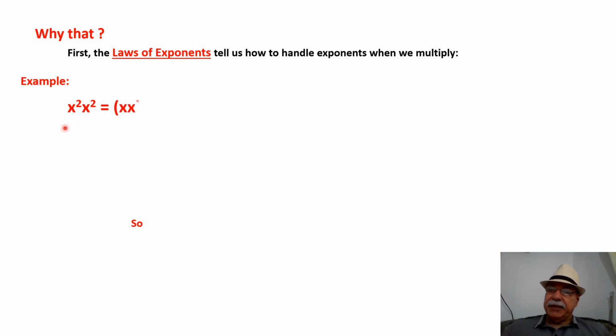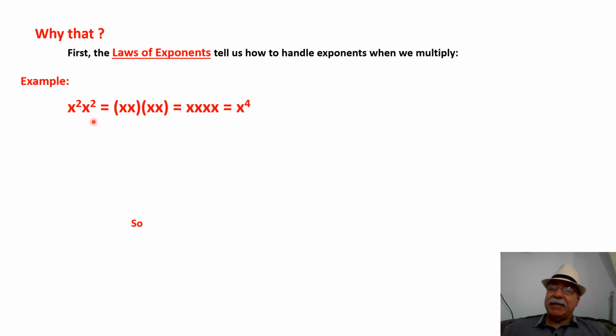This means x squared times x squared equals x times x, x times x, because this is multiply. How many x here? We have here 4 x, that's why x to the power 4.